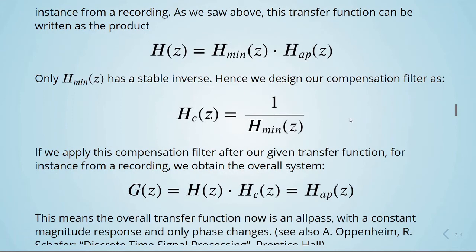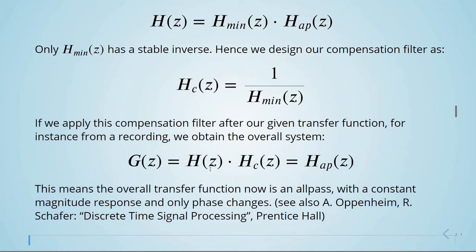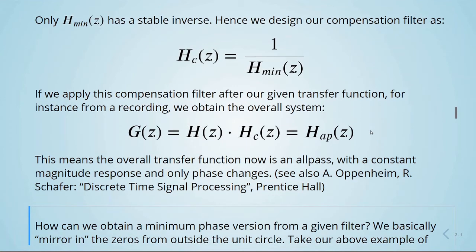If we apply this compensation filter after our given transfer function, the overall system will be our frequency response times this compensation filter, and the overall transfer function now is an all pass with a constant magnitude response and only phase changes. You can also refer to the excellent book Discrete Time Signal Processing by Oppenheim.